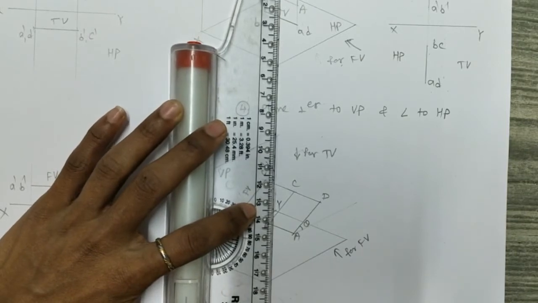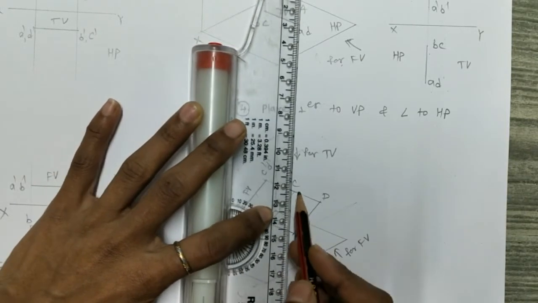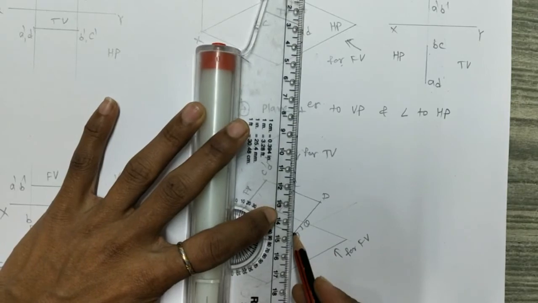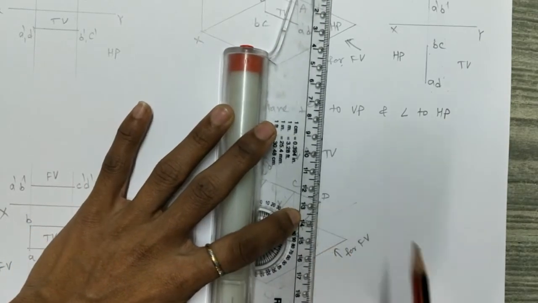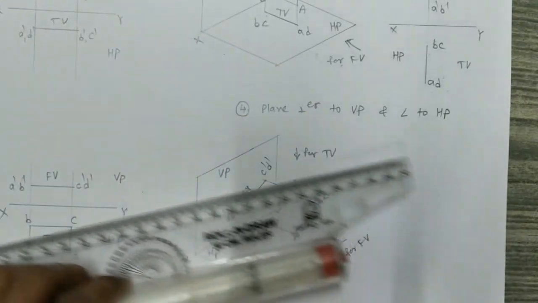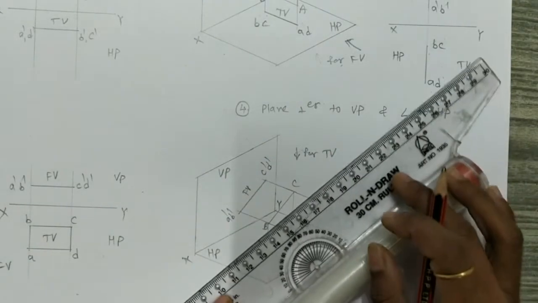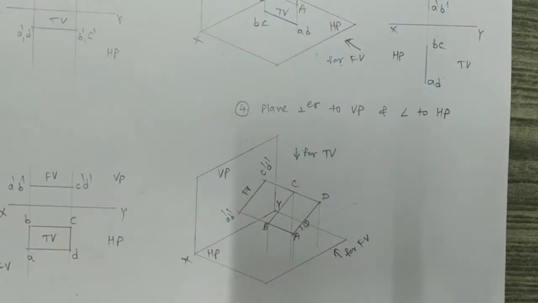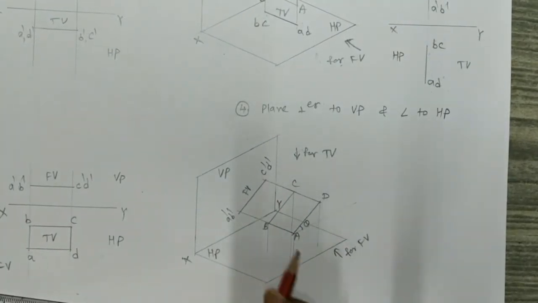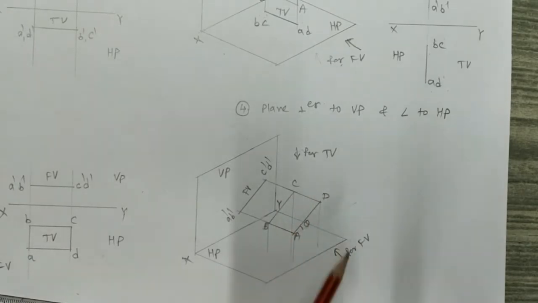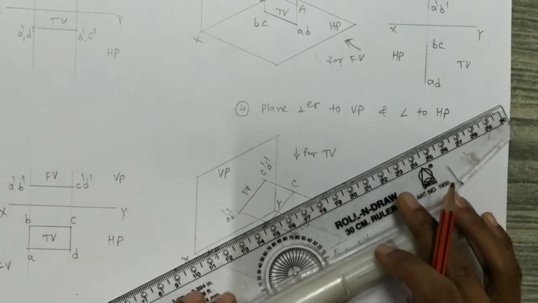For this, first take projections of all the 4 points and join. Top view will be less than this true shape. So draw top view.